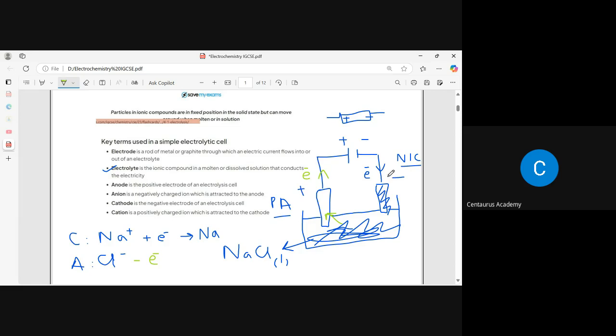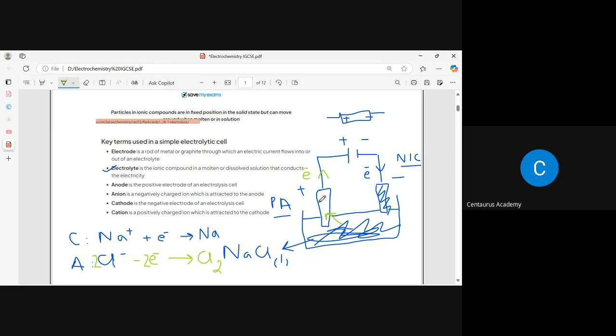So chloride ions lose that electron to produce chlorine gas, since it exists as a diatomic molecule. So we have to balance this on both sides. This means that 2 chloride ions are going to lose one electron each, which means a total of 2 electrons are lost by 2 chloride ions, to produce chlorine gas, which is observed at the positive anode.